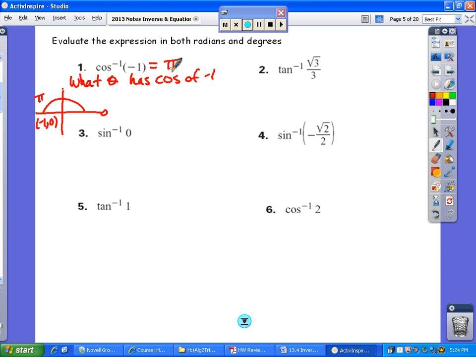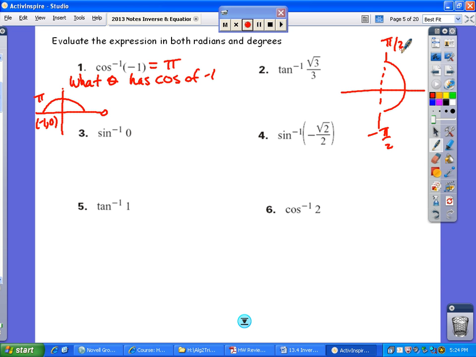All right, let's try the second one. Tangent. We're restricted from negative pi over 2 to pi over 2. All right, what angle has a tangent of square root of 3 over 3? Should be the 30-degree family.